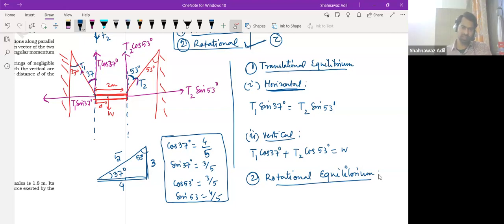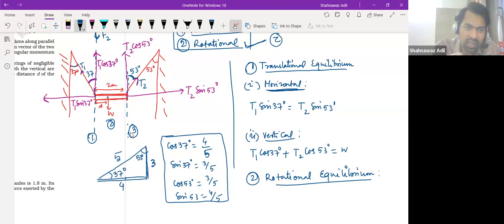We have three axes. One is this one, the other one is this one, the third one is this one. So which axis of rotation do you guys want to choose? Is the second axis better to choose?